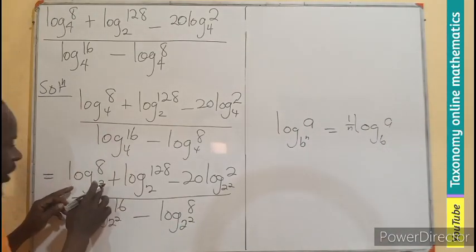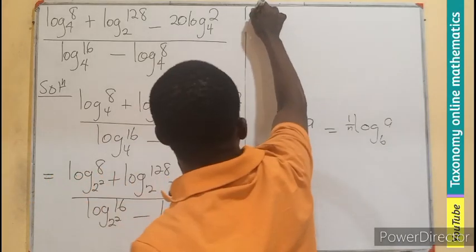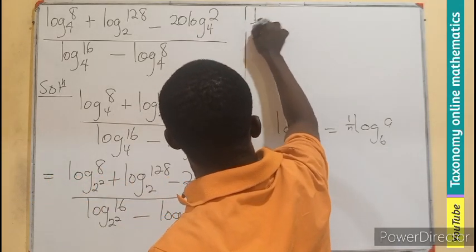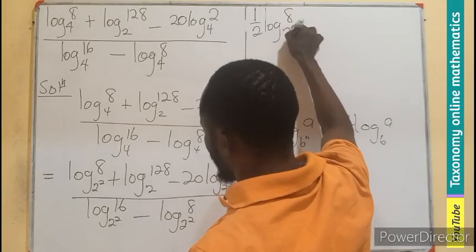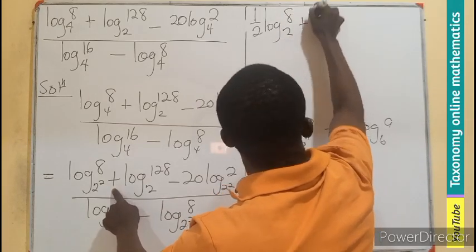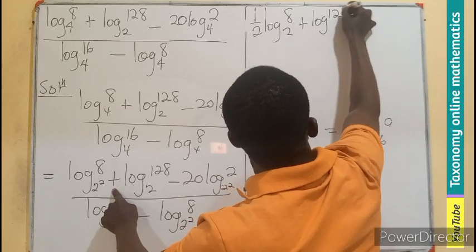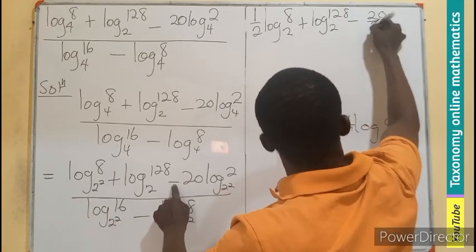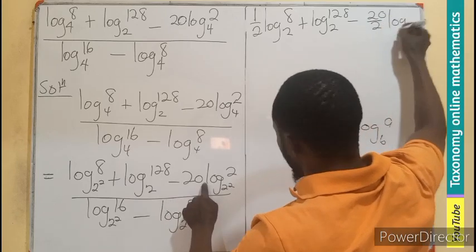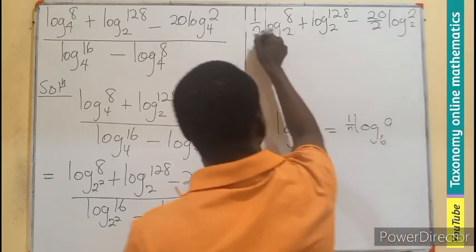So simply put, here becomes one half the log of 8 base 2 plus log of 128 base 2 minus 20 divided by 2 log of 2 base 2.